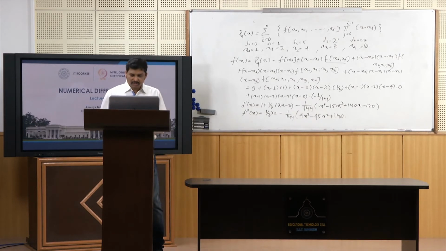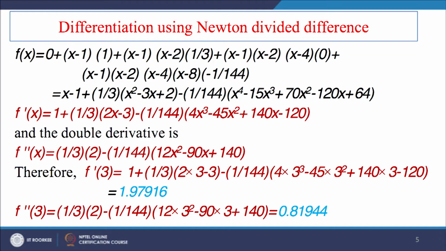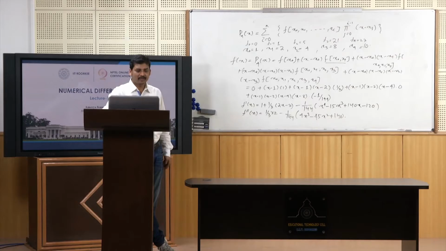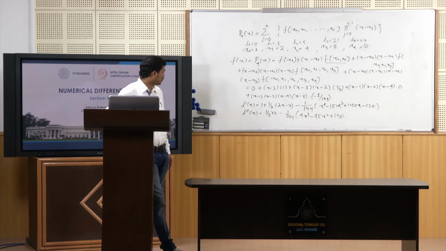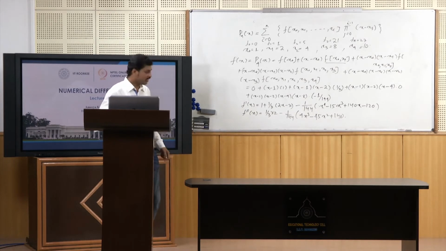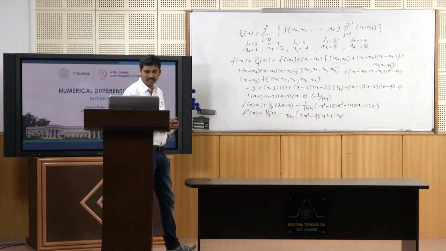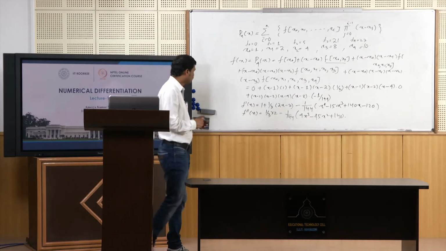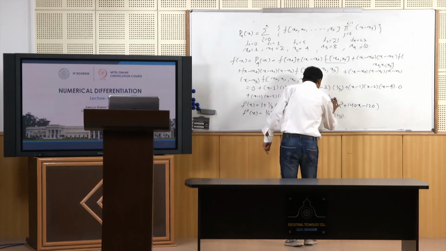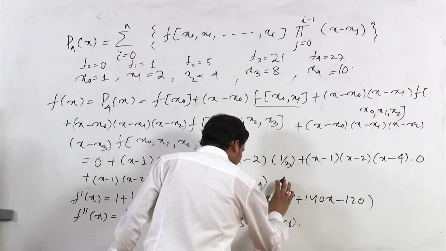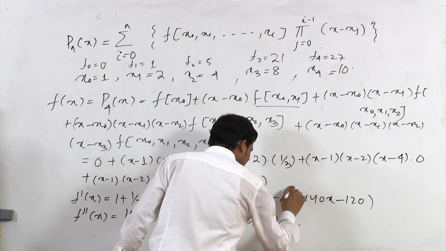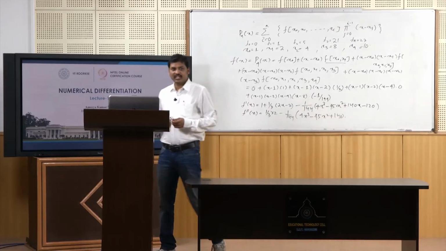Obviously these values can be calculated, and f dash 3 equals 1 plus 1 by 3 into 2 into 3 minus 3, minus 1 by 144 into 4 into 3 cube. Especially it should be 4x cube minus 45x square if you take the derivatives.